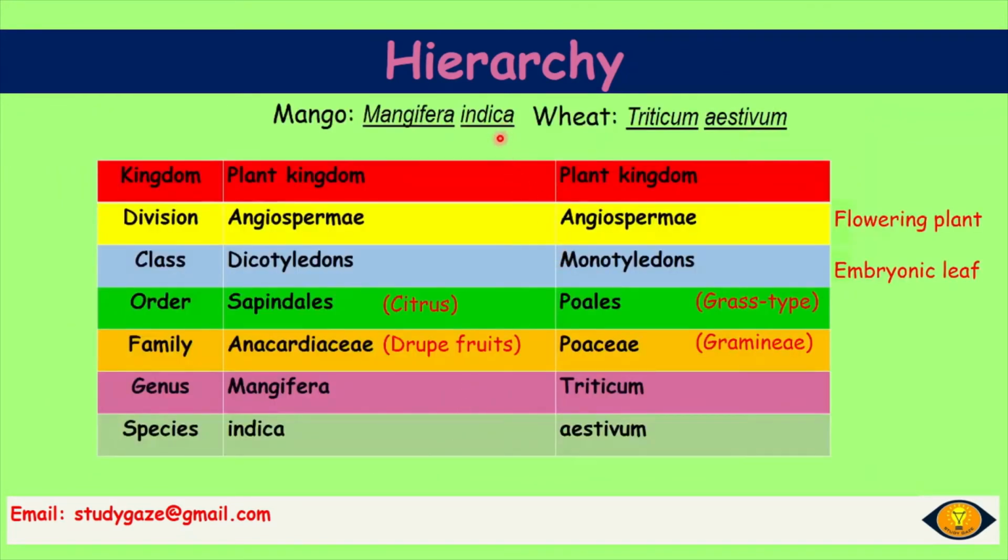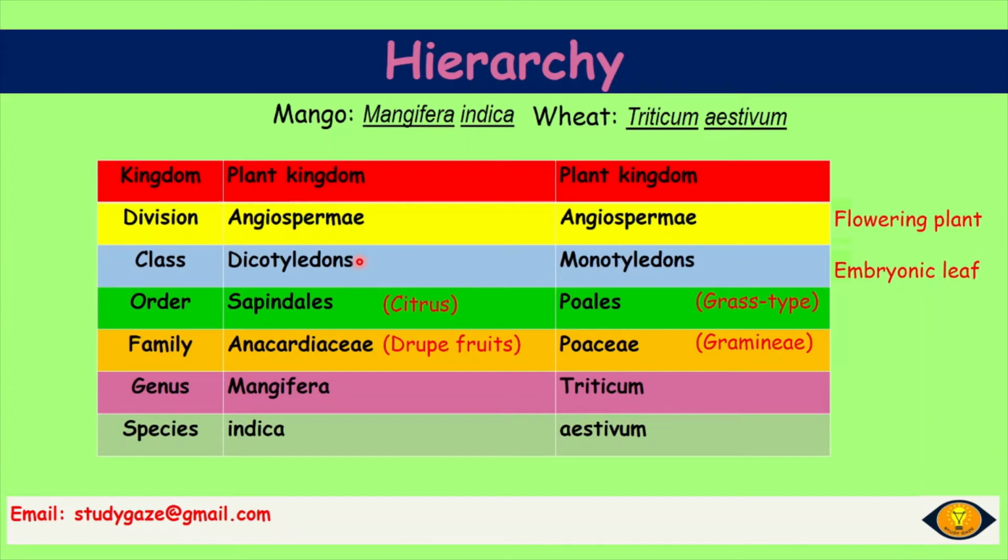Let's talk about two different hierarchies of two different organisms, mango and wheat. Now mango, the scientific name is Mangifera indica. It belongs to the plant kingdom with a division of Angiospermae. Angiospermae represents flowering plants. Class is Dicotyledonae.